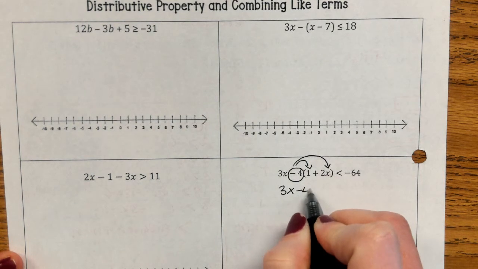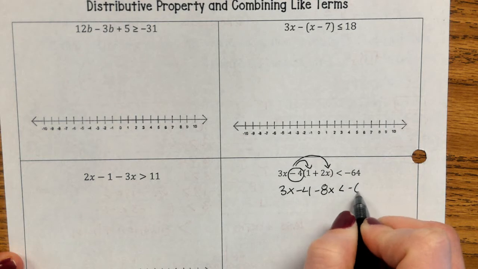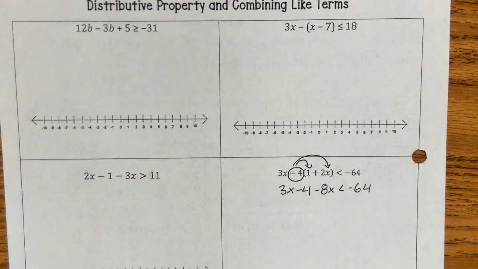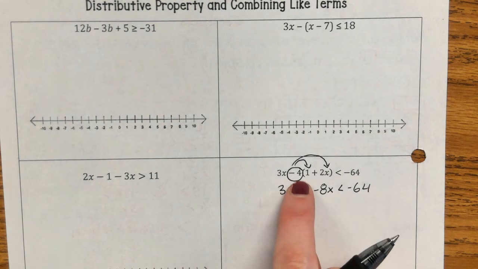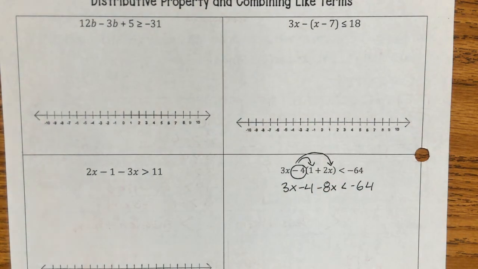3x minus 4 minus 8x is less than negative 64. So when you're solving equations or inequalities, you do as much as you can to simplify each side individually before you move terms. So on this one, we have to simplify the distributive property first.